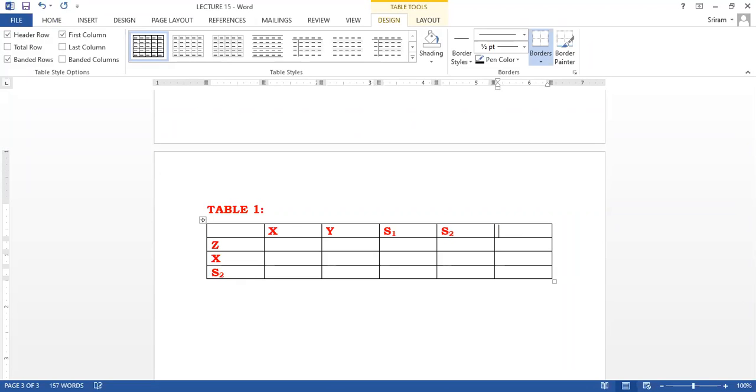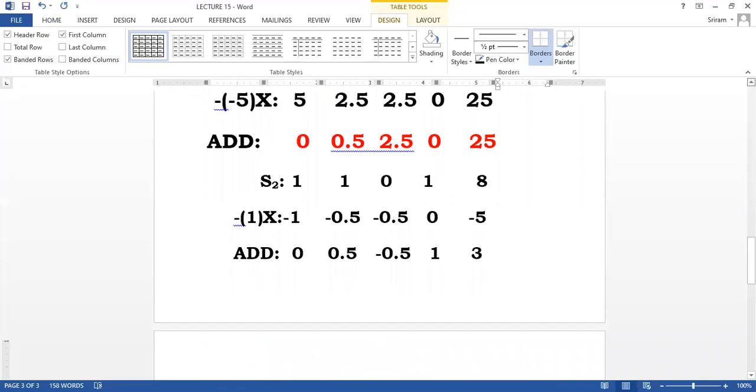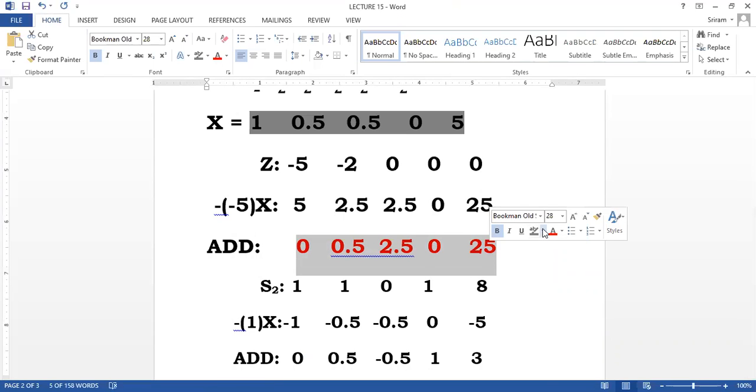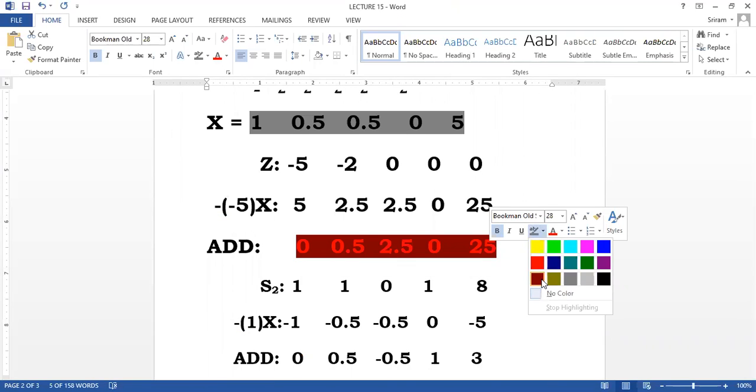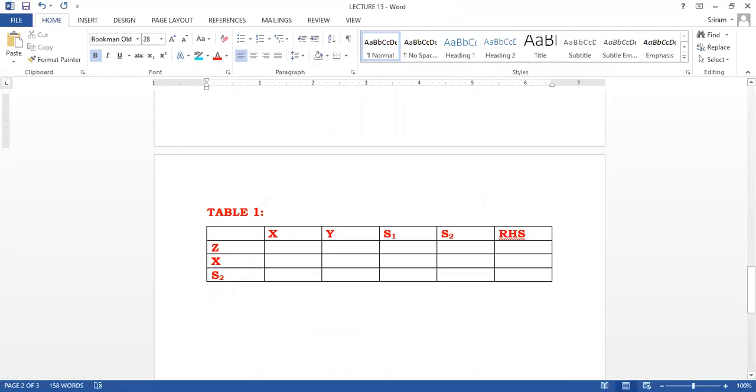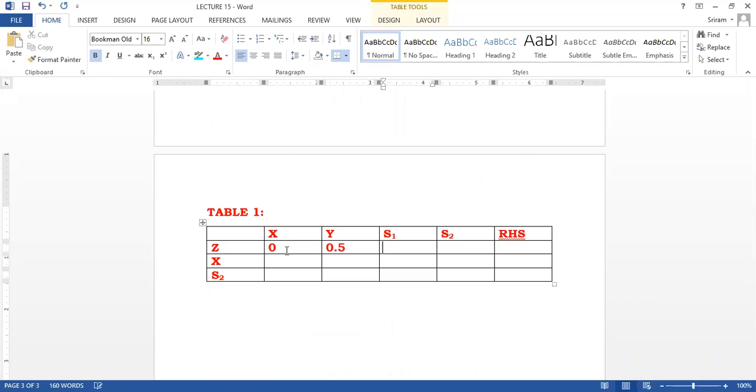I am going to take the corresponding numbers after the calculation. What is the value of Z? The values for Z are 0, 0.5, 2.5, 0 and 25, isn't it?